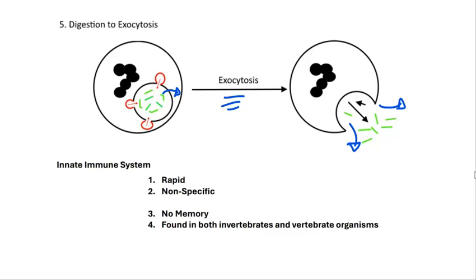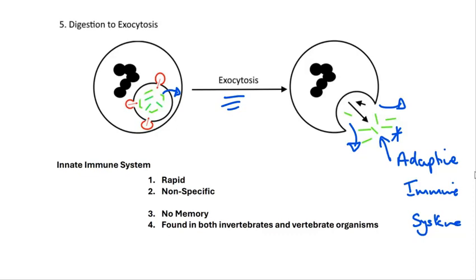So in many organisms, this is actually the termination of the innate system. However, just for reference, these molecules can actually trigger the adaptive immune system, where we have a type of organism that has that adaptive immune system.